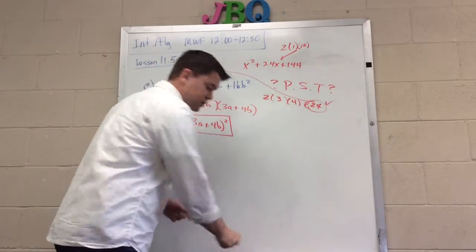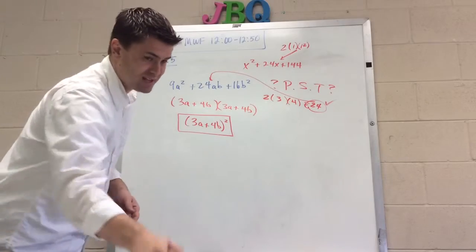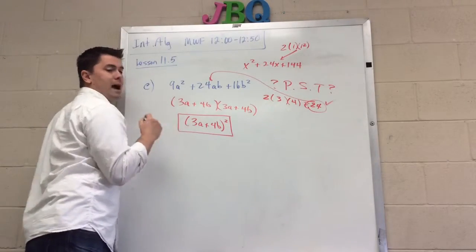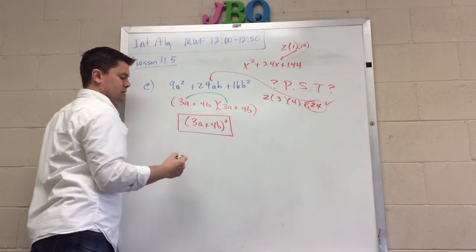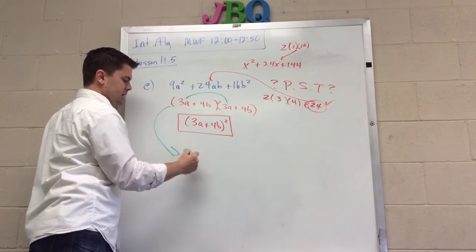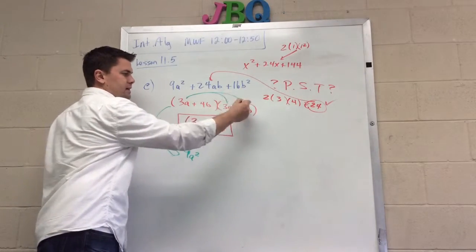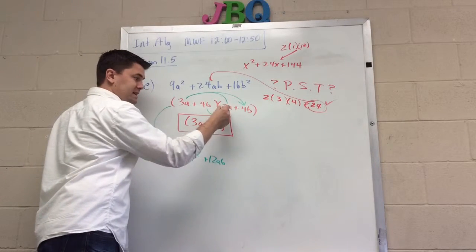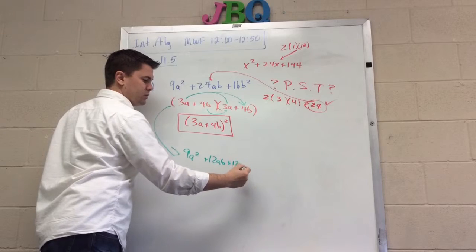Now, if I wanted to check my answer to see if that is right, I would FOIL this back out. So watch what happens when I FOIL this out. 3a times 3a, 9a squared. 3a times 4b, 12ab. 4b times 3a, there's that other 12ab.